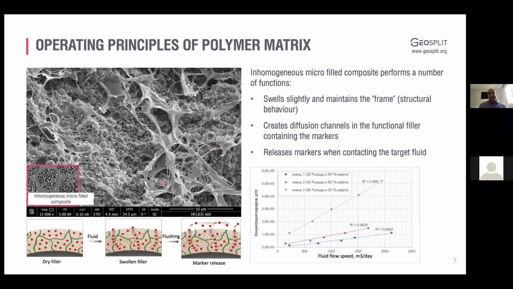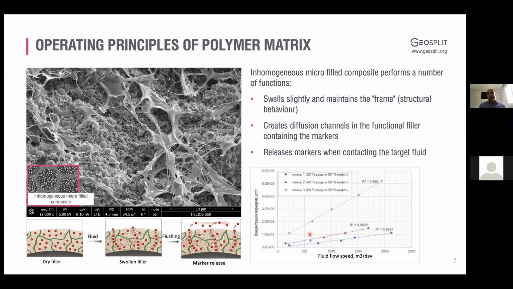So what happens is that once the flow gets into contact with the material, it slightly swells, and then those diffusion channels are created. And then when there is enough kinetic energy or flow velocity, the composite, or sorry, polymeric spheres are released in the flow and then carried to surface.